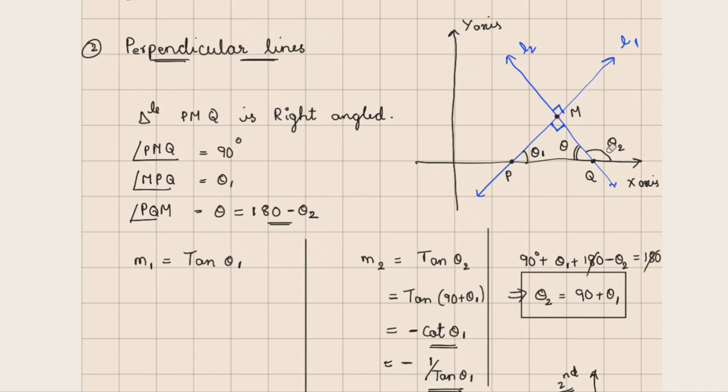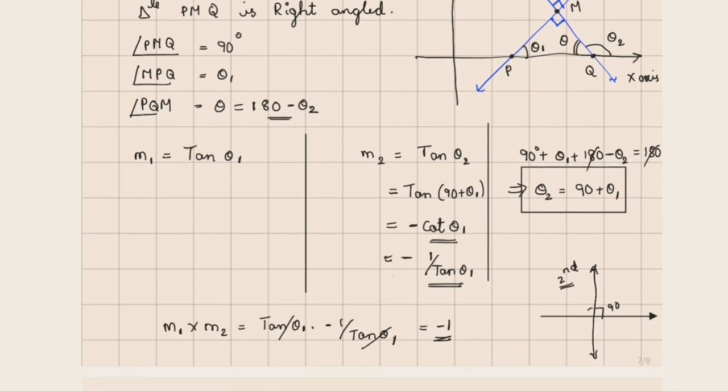So theta 2, the inclination of line 2, equals 90 plus the inclination of line 1. So m1 is tan theta 1, m2 is tan theta 2, which is minus cot theta 1, which is also equal to minus 1 over tan theta 1. If you multiply, you get m1 into m2 equal to minus 1.